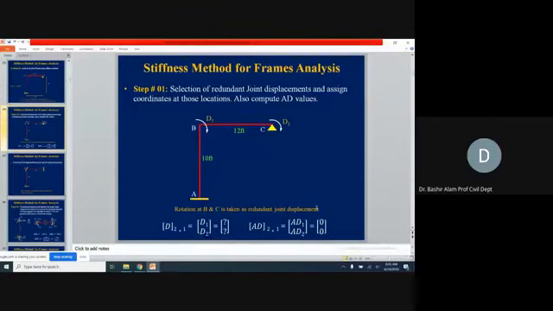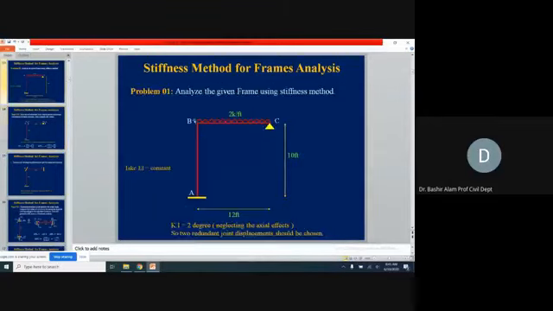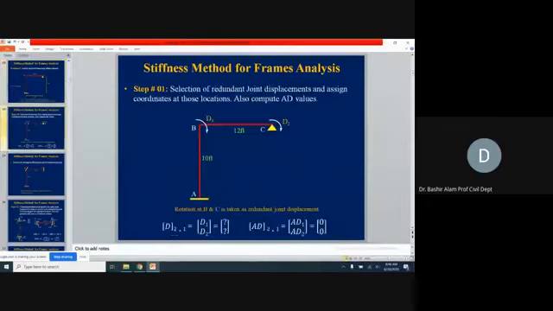Okay, so now D1 and D2, and you see the sense also clockwise. We say the clockwise rotation. We assume that initially that it is our positive direction. Now in the actual structure corresponding to D1, we don't have any externally applied moment, so we take AD1 equal to 0.